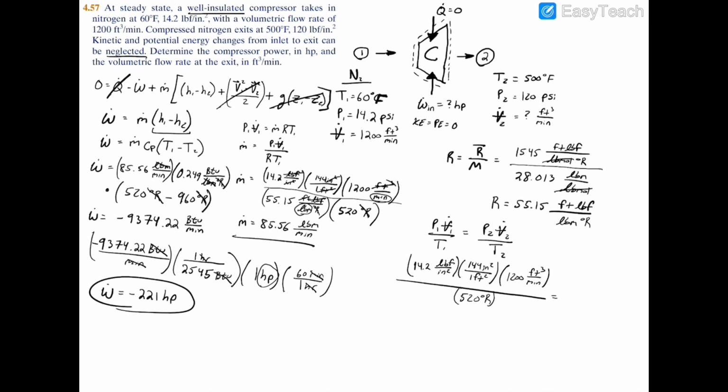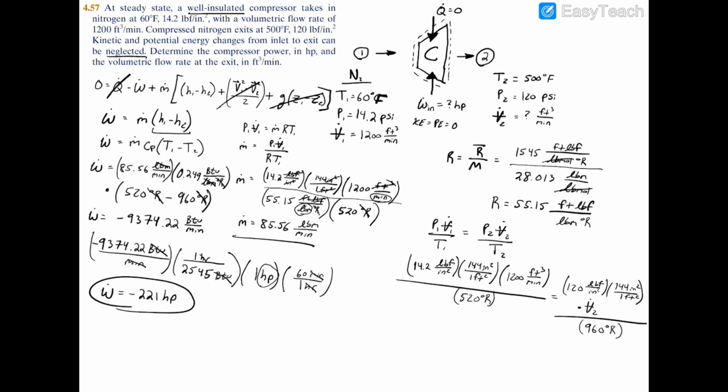Set this equal to the right side. So on the right side, we had 120 psi, so pound force per inch squared, and that's going to have a conversion factor of 144 inch squared per 1 foot squared. I apologize for doing this, but we're going to multiply this now by V2, your volumetric flow rate 2, which is actually our unknown. And we're going to divide all of that by 960 degrees Rankine.